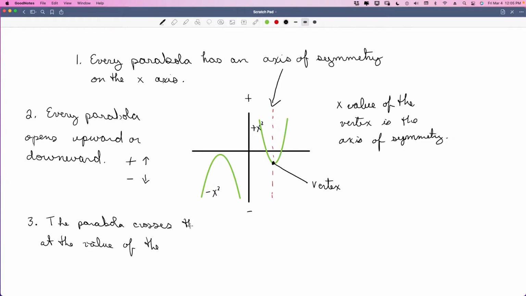I should say the y-axis. The parabola crosses the y-axis at the value of the constant. Remember, in a linear equation, we have y equals mx plus b, and that plus b is where it crosses the y-axis. The same is going to be true for your parabola.